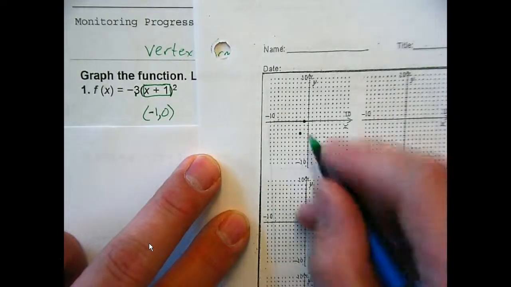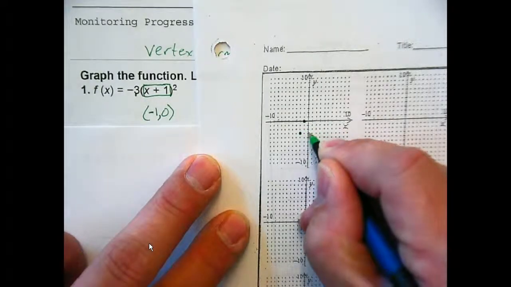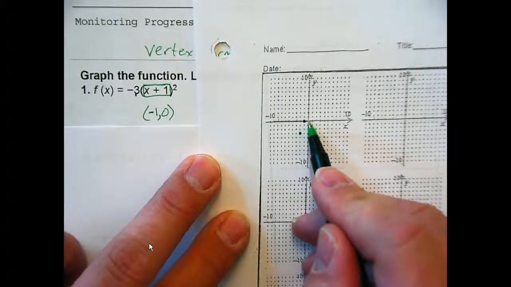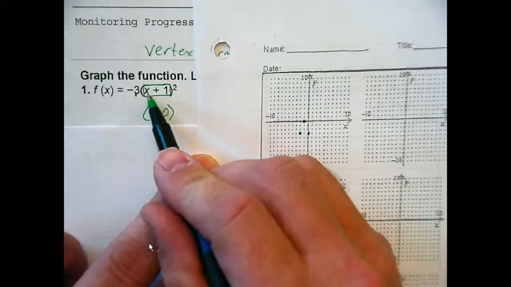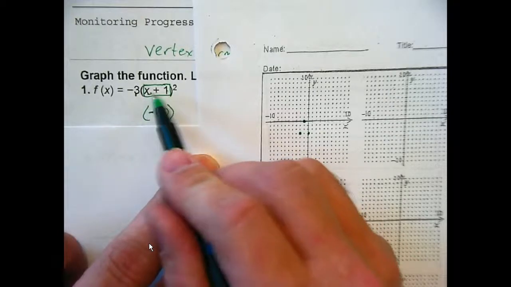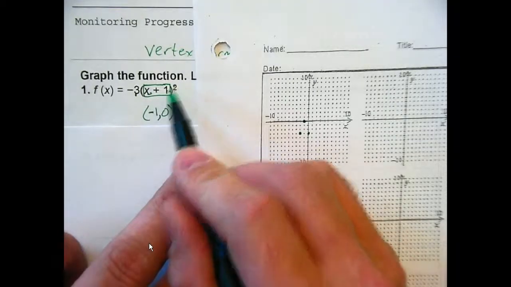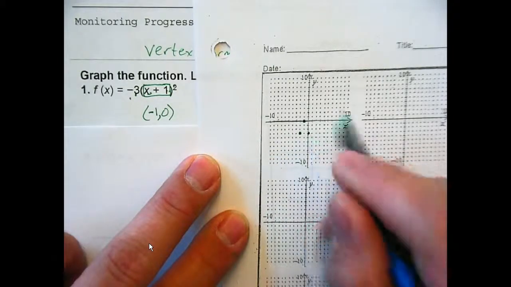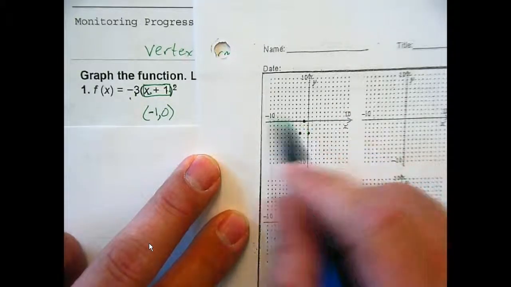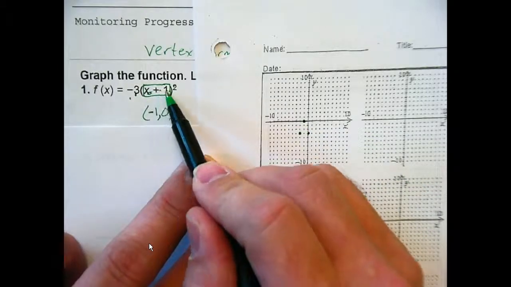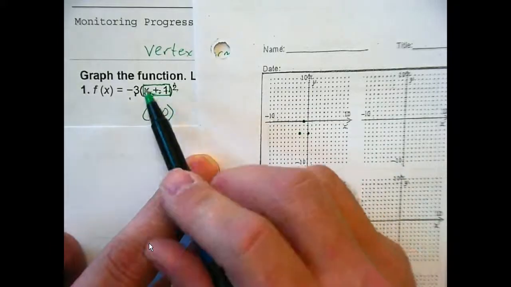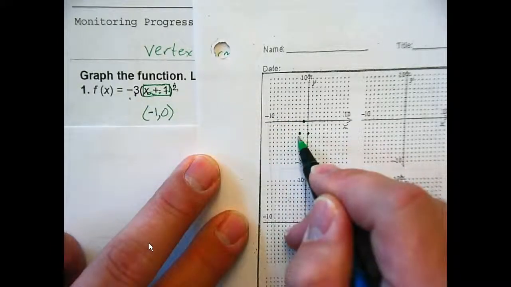If you're not sure on that, then you can always just plug in the next value. There's negative 1, go to 0. If I put 0 in here, 0 plus 1 is 1. 1 squared is 1 times negative 3 is negative 3. That's my output. When I input negative 2, plus 1 is negative 1, squared is 1, times negative 3 is negative 3.